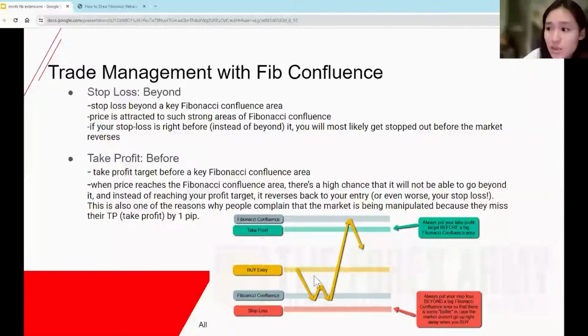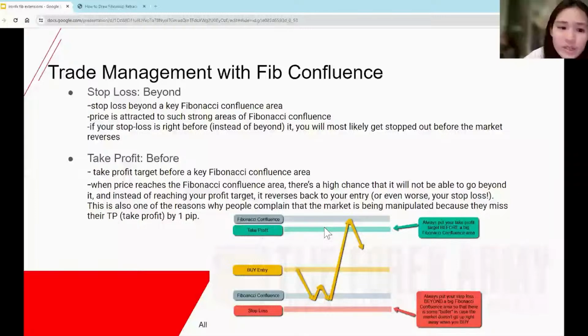In this example, we're going in for a buy. Okay, so our stop loss will be placed below your Fibonacci confluence. And your take profit, we recommend you to place it before. So in this case of a buy entry, we would place our take profit below the confluence area.